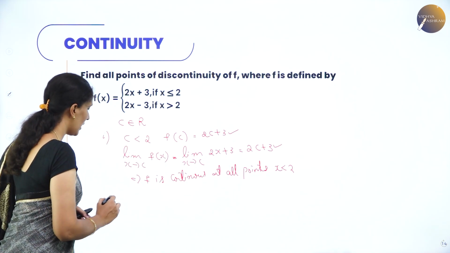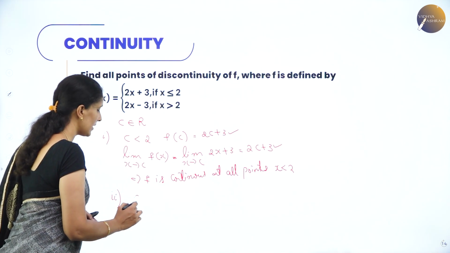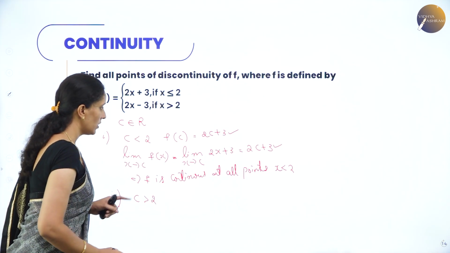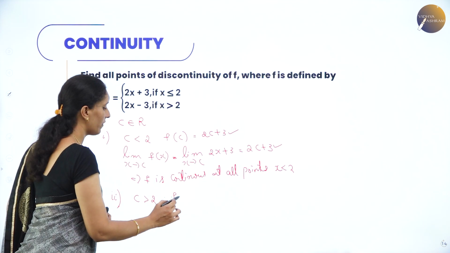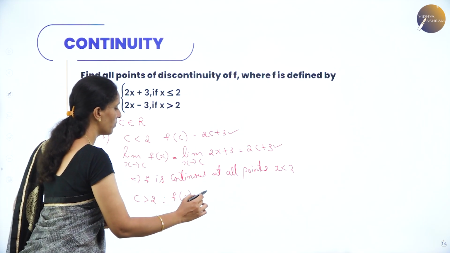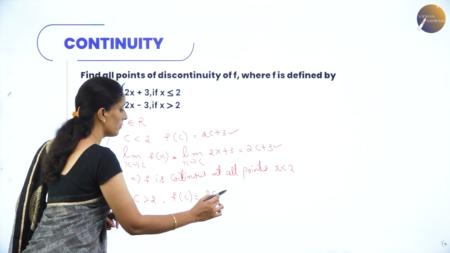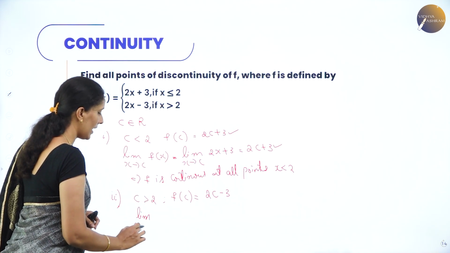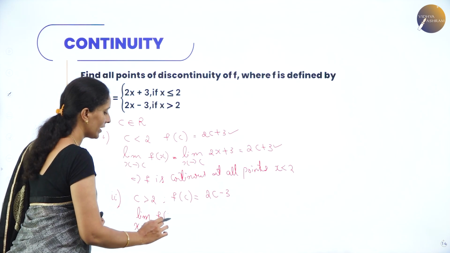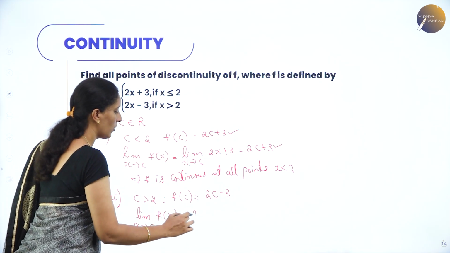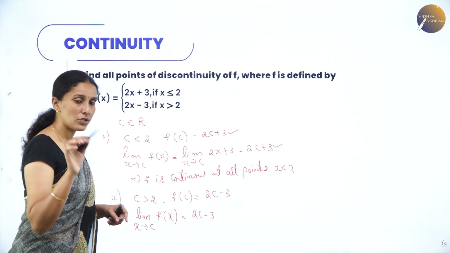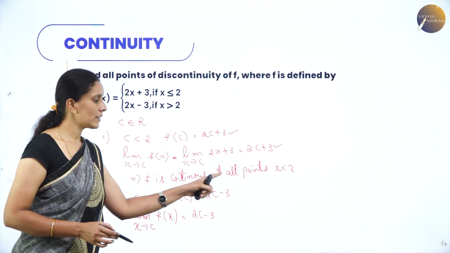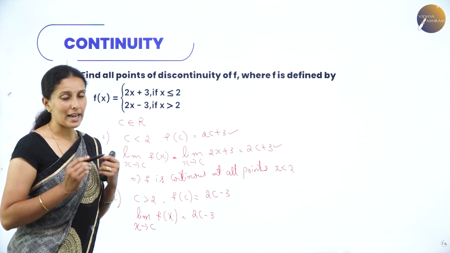Next, we take c greater than 2. Whenever c is greater than 2, the function is defined in the form of 2c minus 3. Similarly, when you apply the limit as x tends to c of f of x, this will again be equal to 2c minus 3. Hence, we can also write f is continuous at all points x greater than 2.